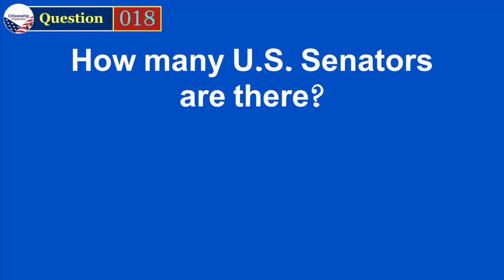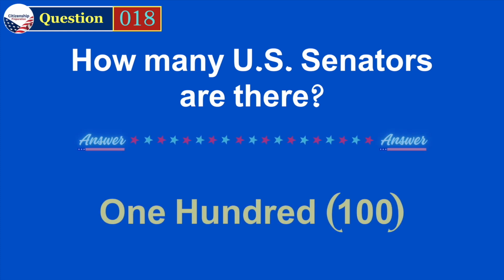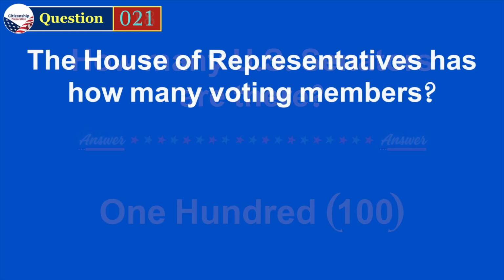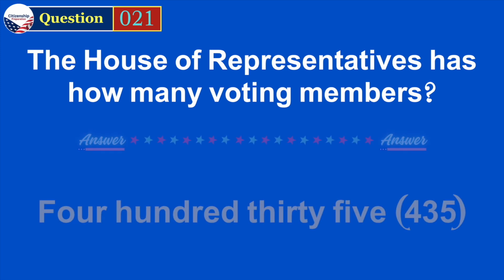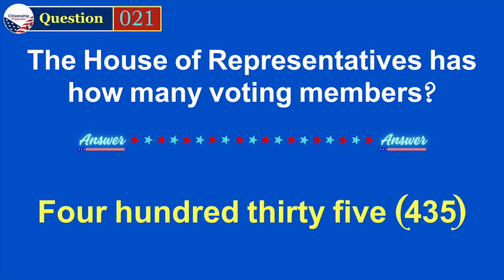How many U.S. senators are there? 100. The House of Representatives has how many voting members? 435.